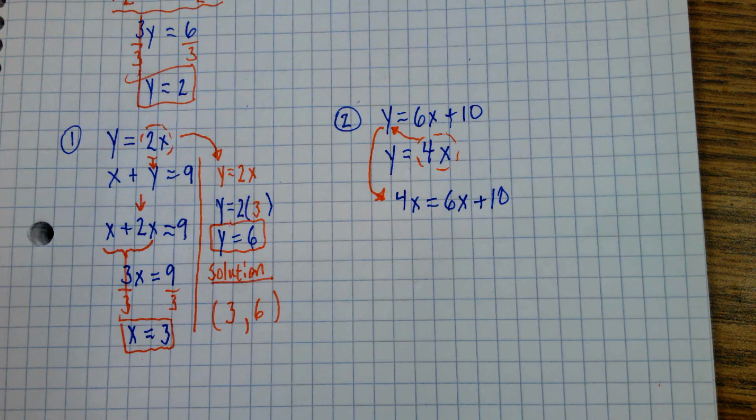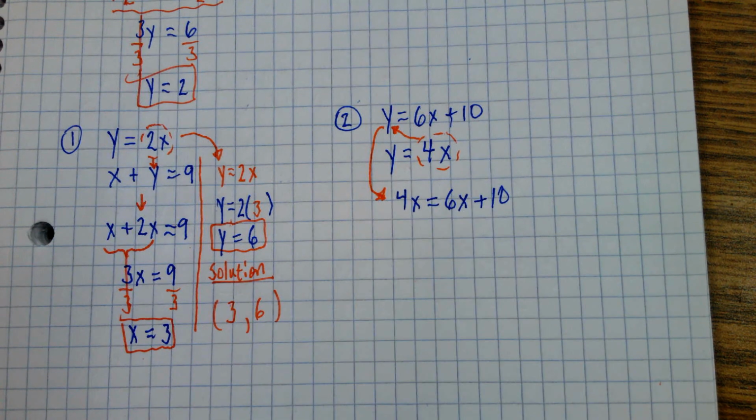Okay. So I notice I have 10 on the right. But I want to leave that there. So that means I want to get rid of this 6x. The whole 6x has to be removed from this right side of the equation. What can I do to remove 6x? I'll give you a hint. What's the opposite of 6x?